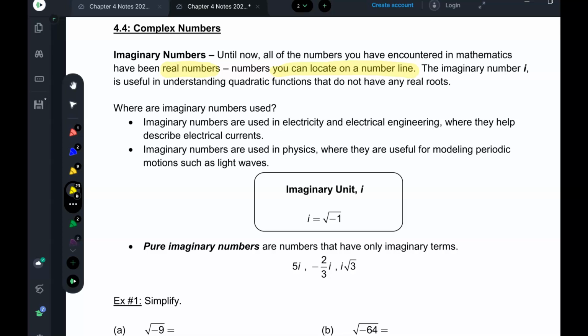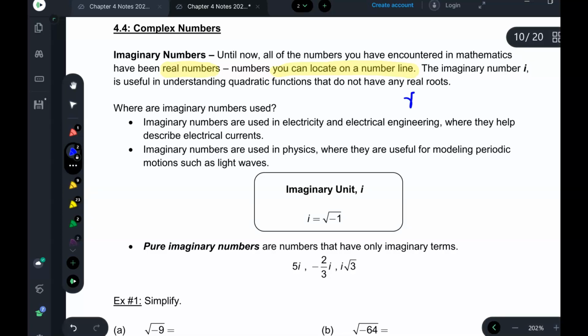So imaginary numbers are not numbers that you can find on a real number line. Remember when you would get to something like square root of negative 4 and we would say, oh, that's no solution, right? Now it has a solution.